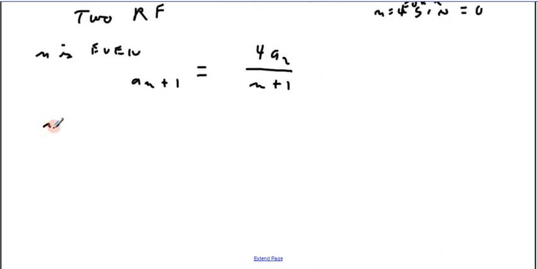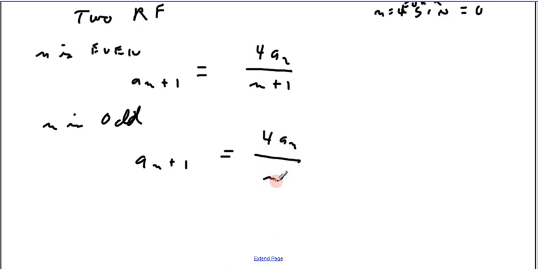And when n is odd, I have a recurring formula that says a n plus 1 is equal to 4 a n divided by n plus 1.